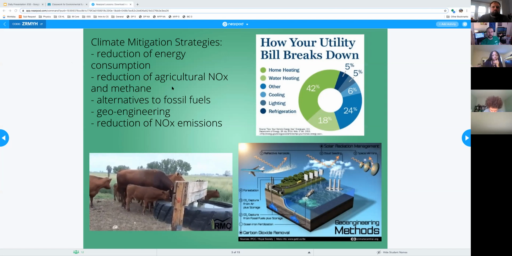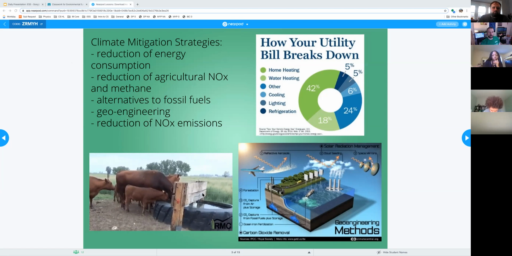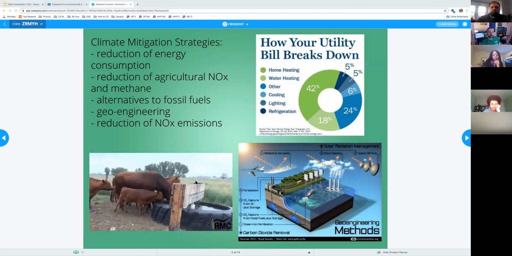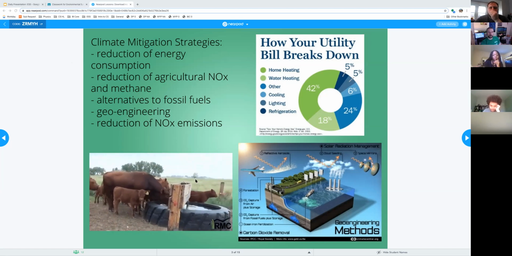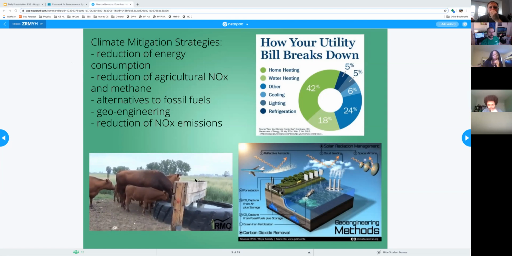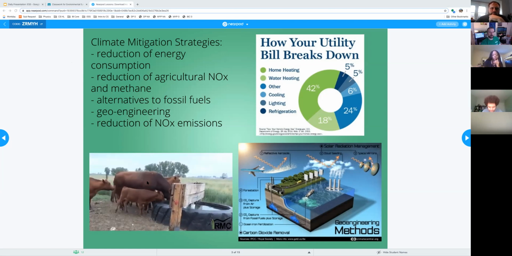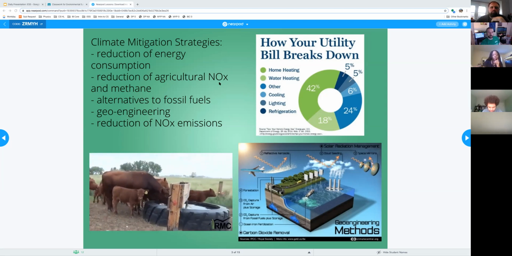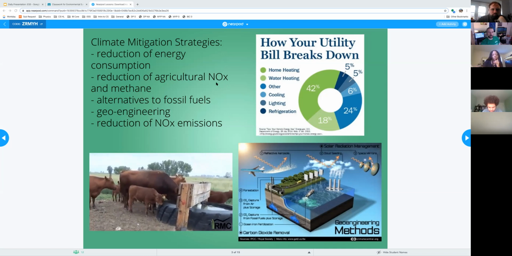Reducing agricultural NOxes and methane. Here we see the livestock. That's to remind you that livestock are a huge contributor to agricultural NOxes and methane. Directly, livestock are a contributor to methane. Indirectly, they are a contributor to NOxes because a lot of that gets emitted through the production of fertilizer.